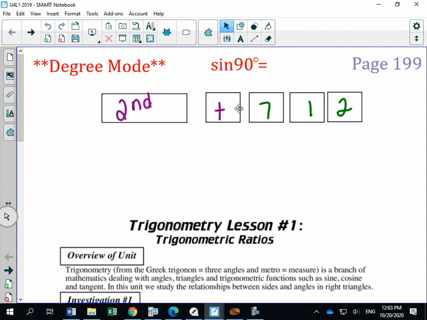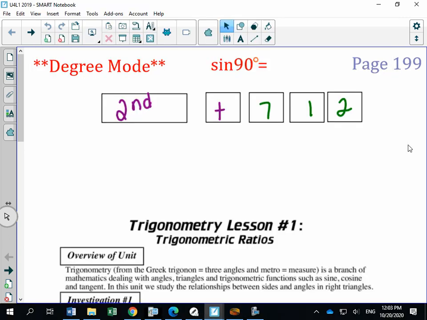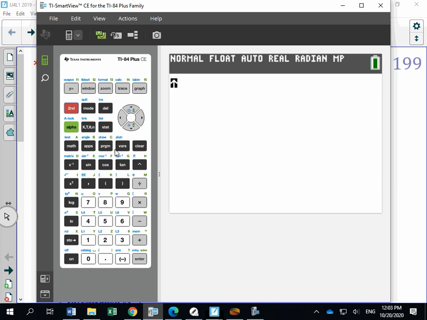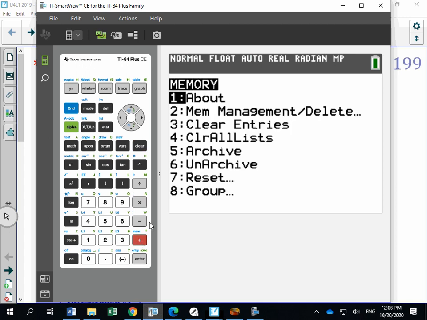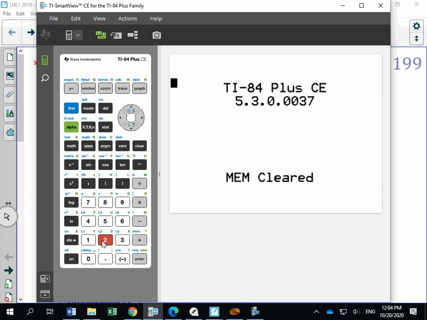What I have up here was the code to reset your calculator, and I want to reset the calculator with you, and then we're going to have to change our mode. If we reset your calculators to go back to factory settings, remember that it was second plus. So everybody enter second plus, hit number 7, scroll over to all, and hit number 1 and number 2.